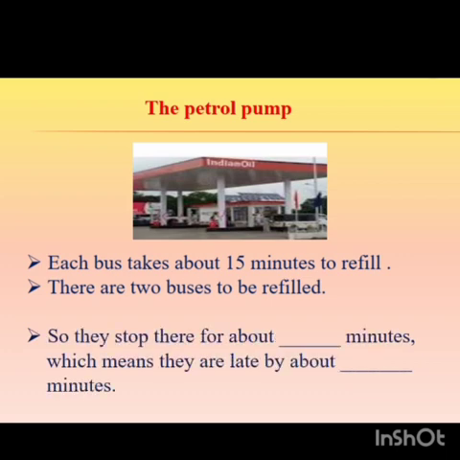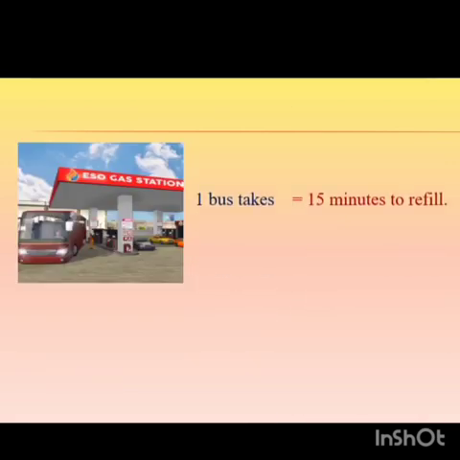So they stop there for about dash minutes, which means they are late by about dash minutes. Now, one bus takes 15 minutes to refill. 2 buses take 15 multiplied by 2 minutes. As you all know, whenever you are comparing any digits with 1 and the number is more than 1, then you have to do multiplication.